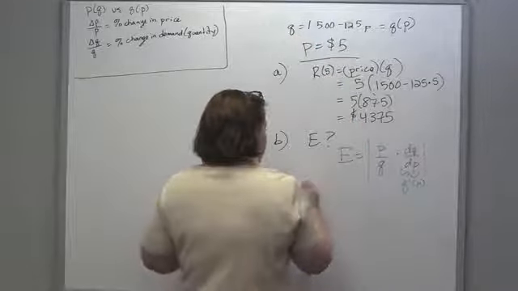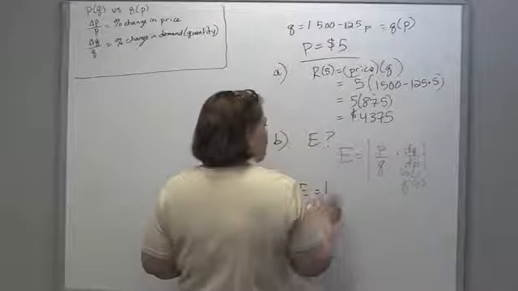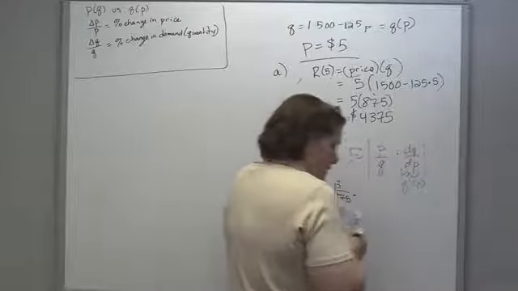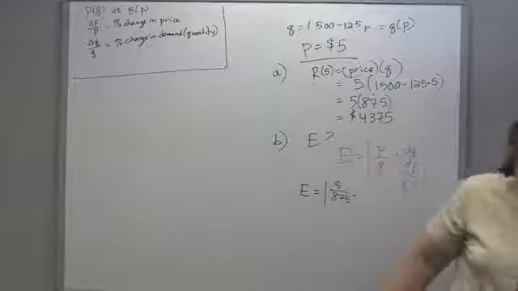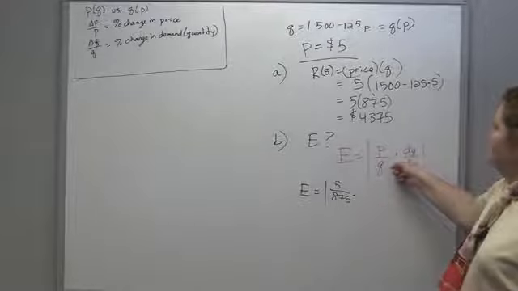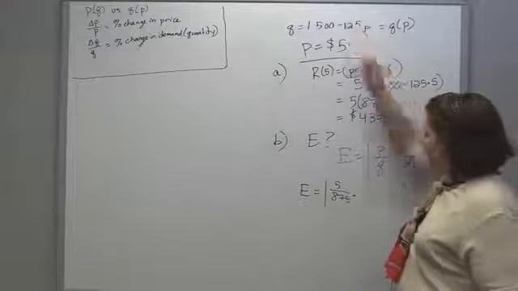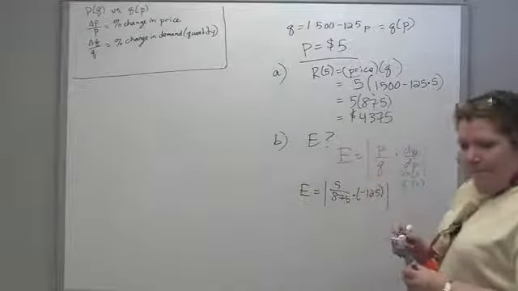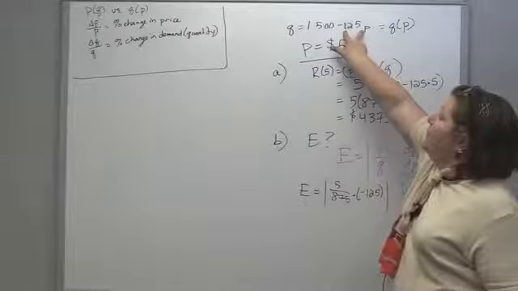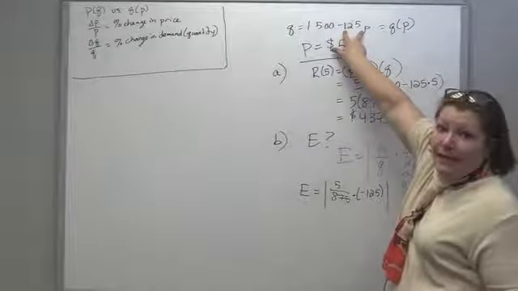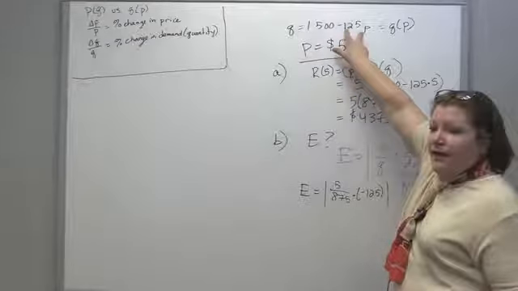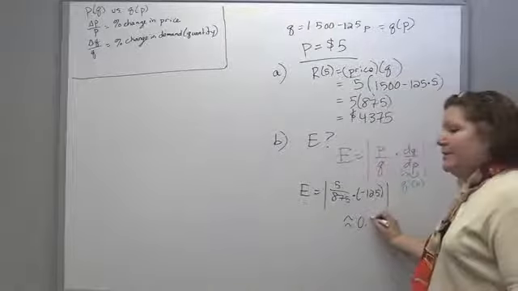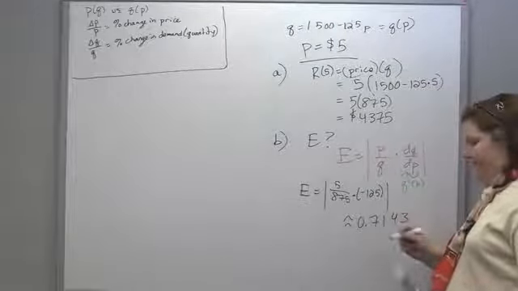So E at $5 is 5 divided by 875, and then we look at the derivative of our demand function when we think of Q as the output. That is negative 125, because the derivative of Q with respect to P is negative 125. If we round this, we get about 0.7143.